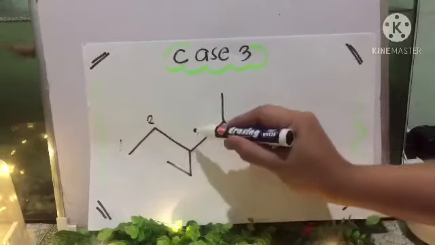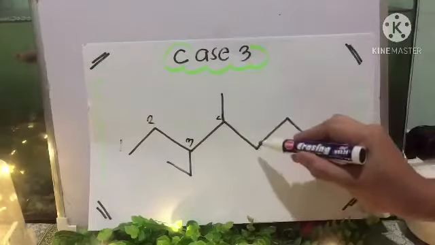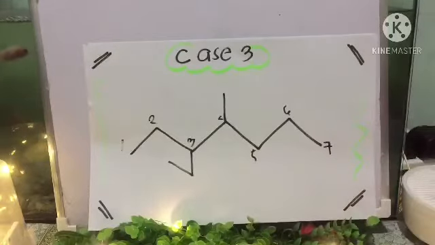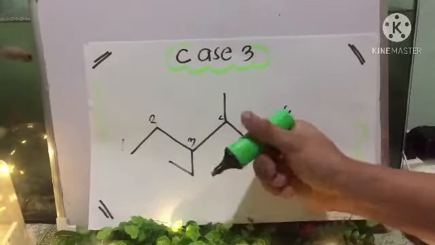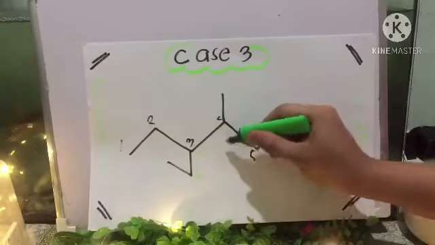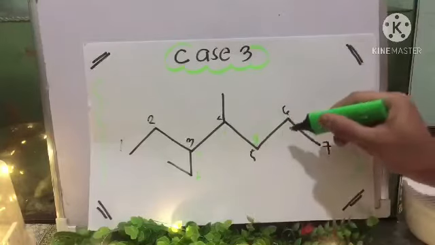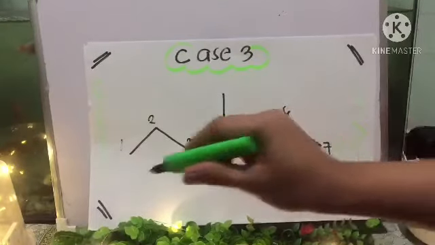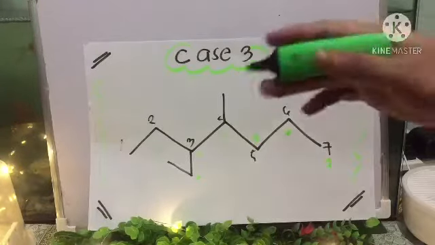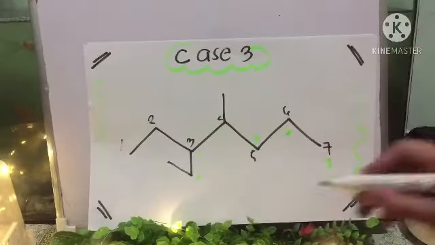So we have 1, 2, 3, 4, 5, 6, 7, or 1, 2, 3, 4, 5, 6. Since the longest carbon chain has 7 carbons, we choose heptane.